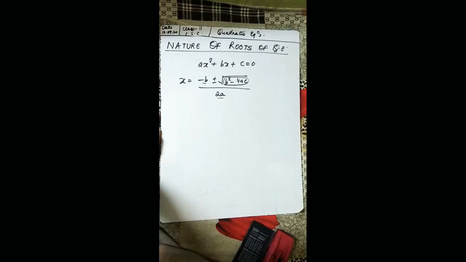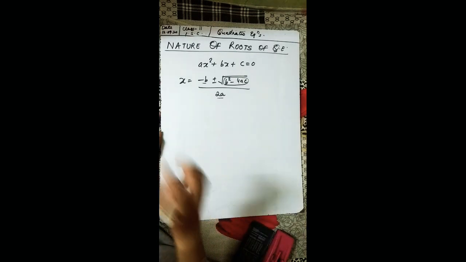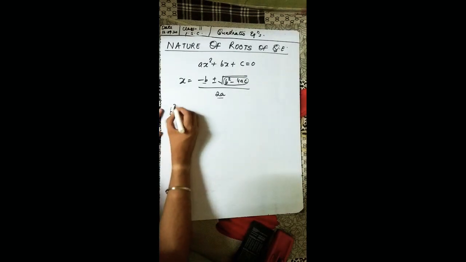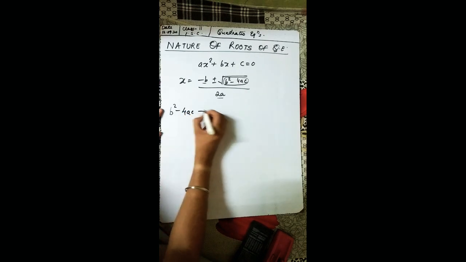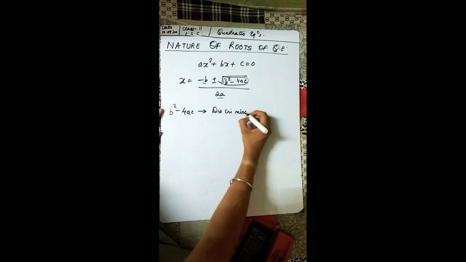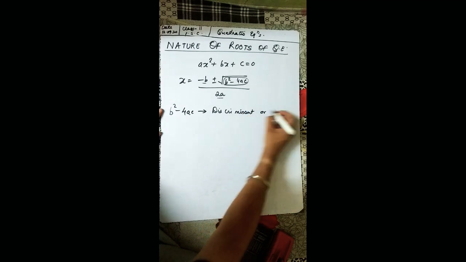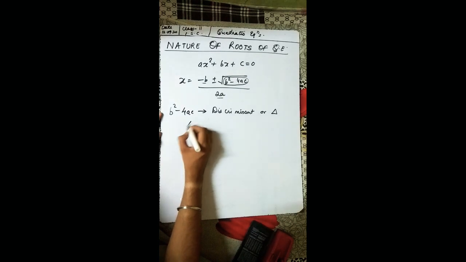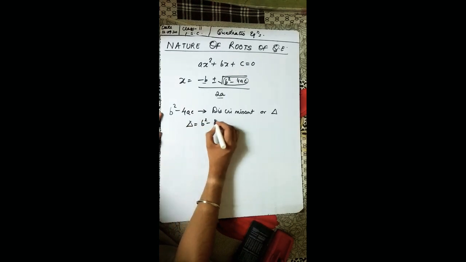This is the only factor which decides the nature of the root, and we call this the discriminant. It is denoted by del. So del is equal to b square minus 4ac.